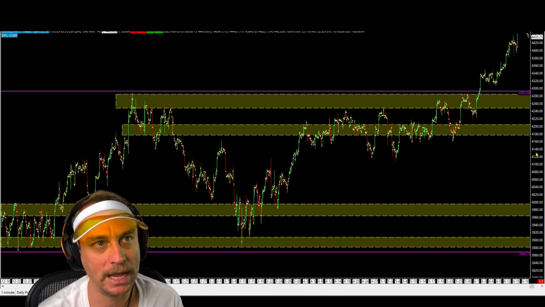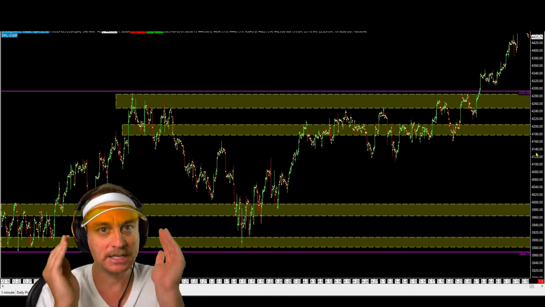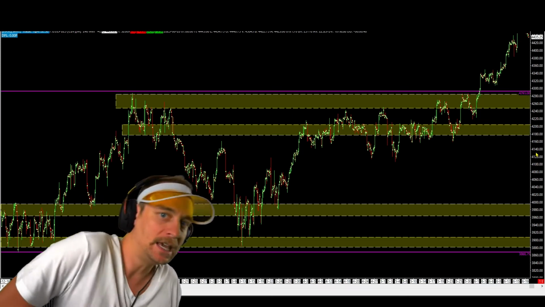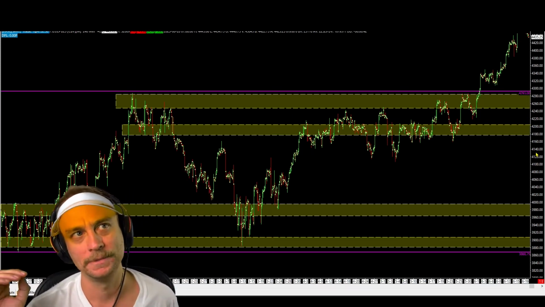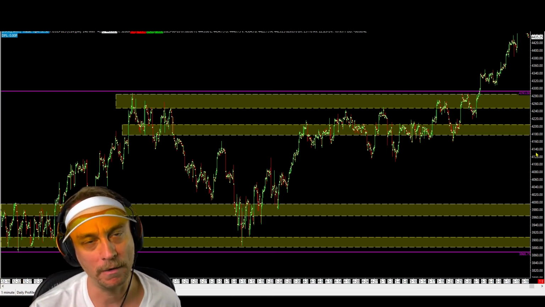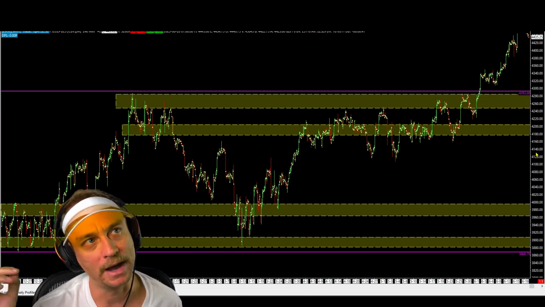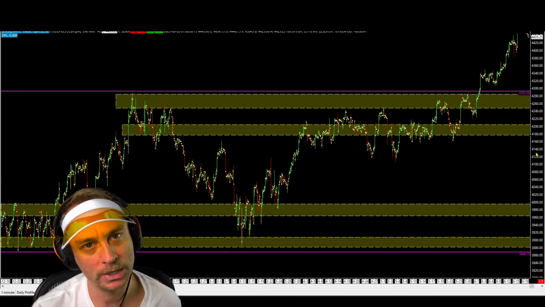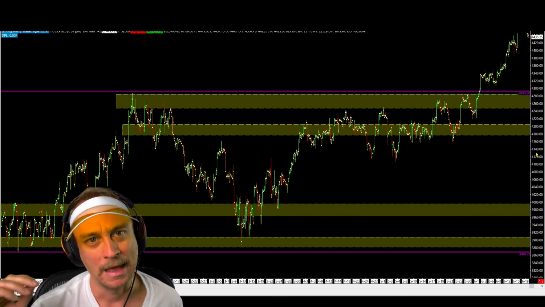Ranges tell a story. When you have a range, that is fair market value. Yes, we can look at a volume profile, another module, to determine fair market value. However, without looking at any volume profiles, looking at a chart and seeing where it's ranging, the market is currently in agreement at that point.